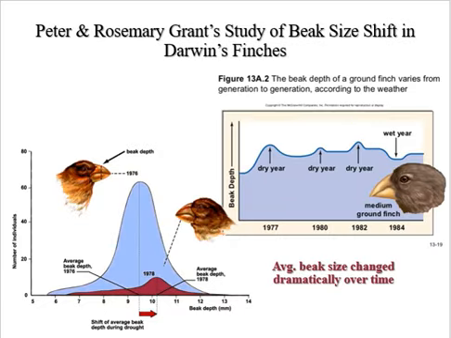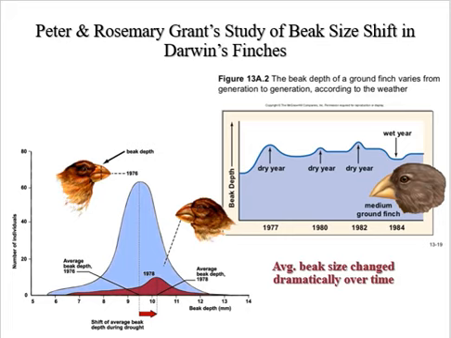The actual beak of the medium ground finch is really short and blunt, and it's adapted to pick up seeds from the ground. Now, in 1976, the seeds on the island were very diverse and plentiful. And then, boom, in 1977, you had a drought, and seeds became much more scarce.